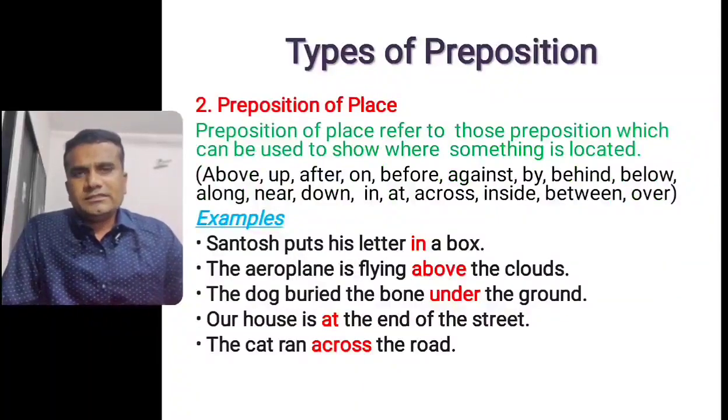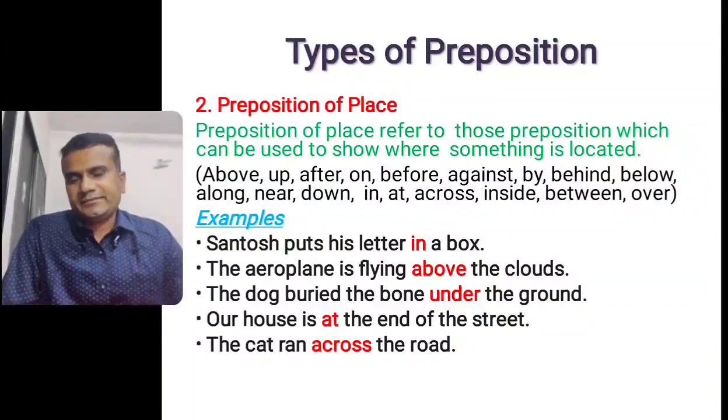Now this is the second kind of preposition, that is preposition of place. Preposition of place refers to those prepositions which can be used to show where something is located. The list of preposition of place is given in the bracket. You can see on the screen.